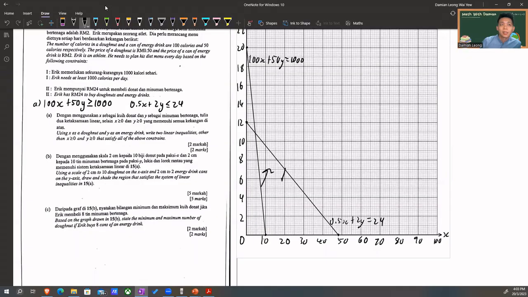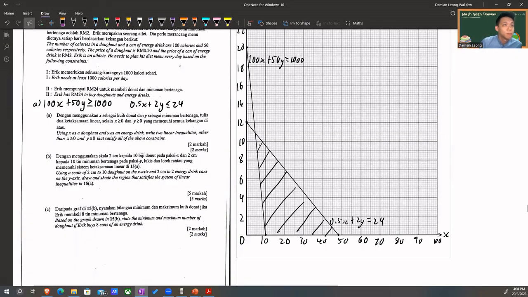This one, less means below this line. So in between means this shaded region here. Yeah. So this is the shaded region.